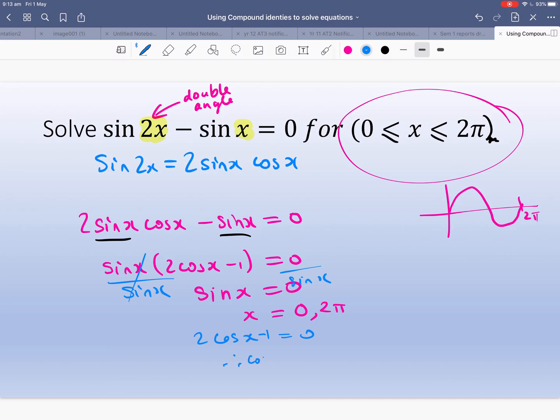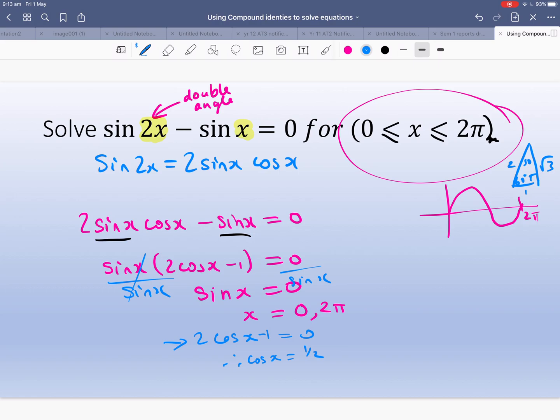Therefore, cos x equals a half, if we just rearrange this equation. Now, when does cos x equal a half? We've got these triangles in our formula sheet as well, and that's 2, 1, root 3. That's 60, that's 30, and obviously that's 90.